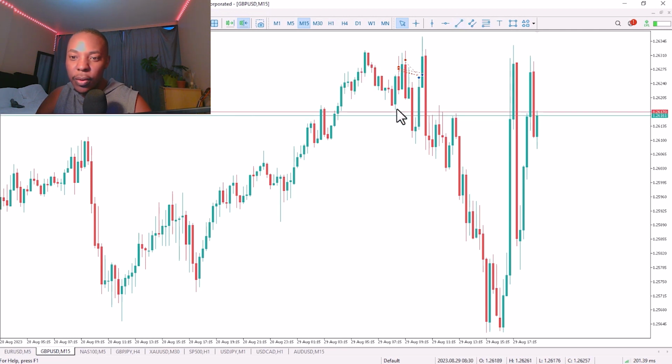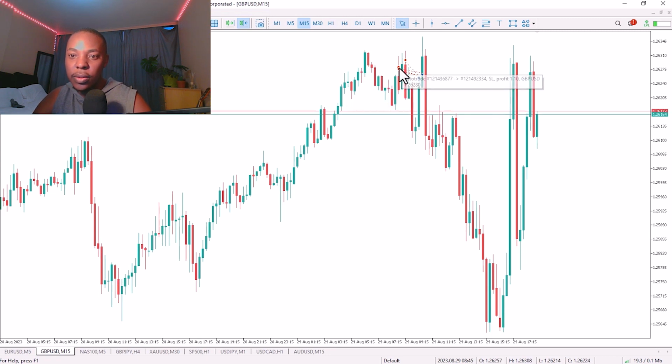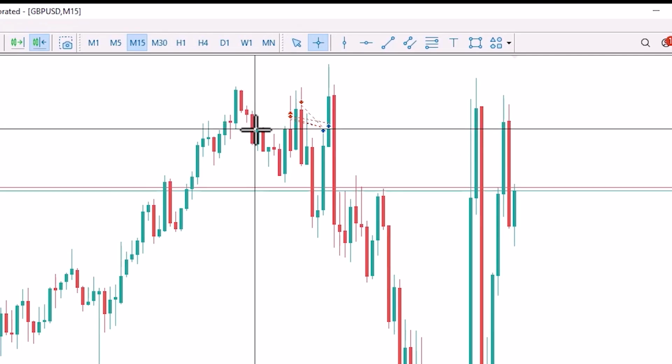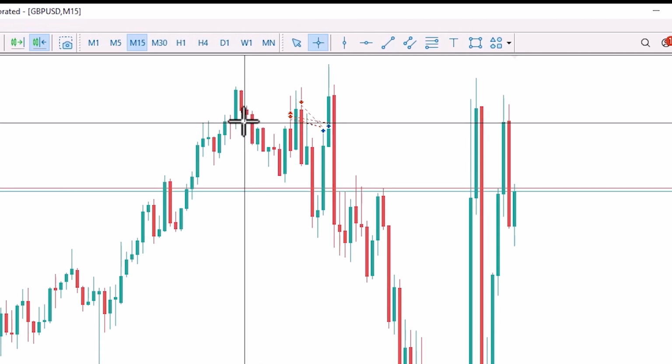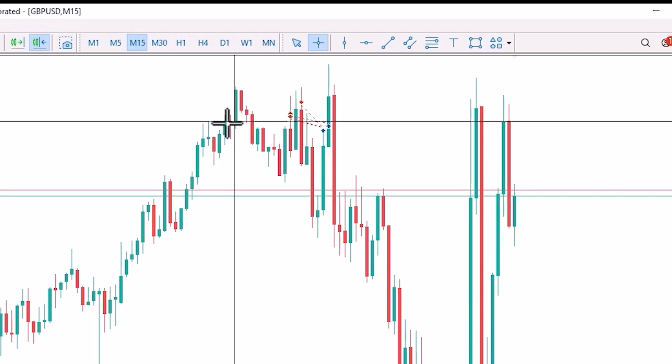We broke below them, so I was expecting especially this one to be used as a bearish breaker. We took out sell side, change of structure, that's what I was expecting, and price went up, and that's where I took the sell, also using this CB here, and this bearish breaker as entry.